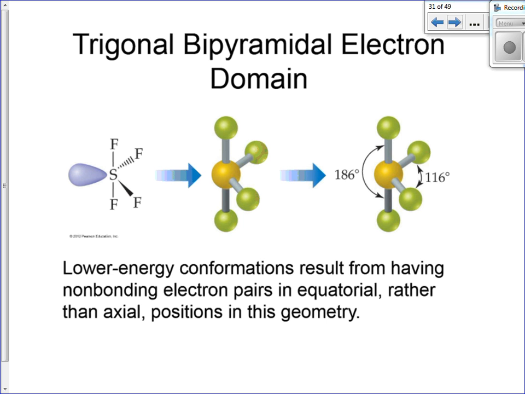This one's a seesaw, by the way. They actually call it a seesaw. Okay. And as you can see, the angles do change slightly here too, because if it was bipyramidal with all the same ligands and no lone pairs, you end up with 120, 90 degree, and 180 degree angles.